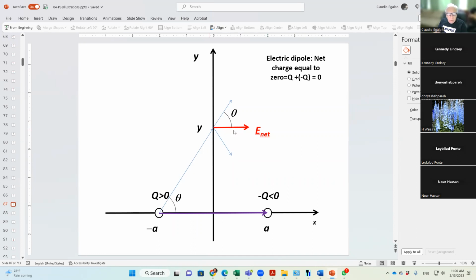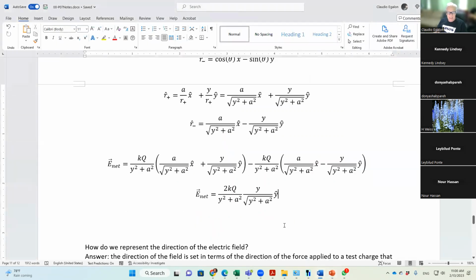According to the drawing, we're supposed to get an x hat result here, but I'm getting a y hat. There might be a problem in the sign. In the next 15 minutes, I'll figure out where the problem is, and I'll let you know. Any questions? Unless you know where I made a mistake here. If you don't, let's meet again in 15 minutes.